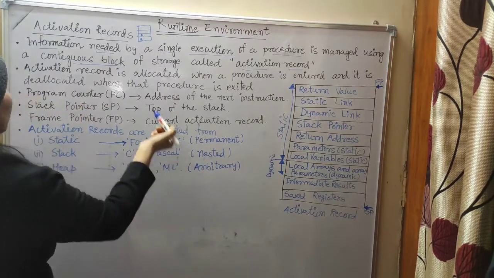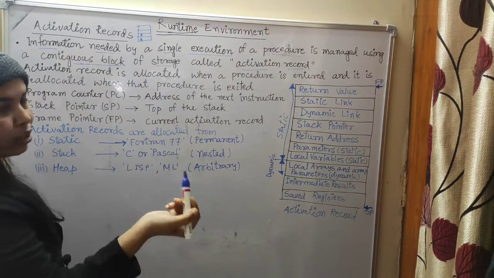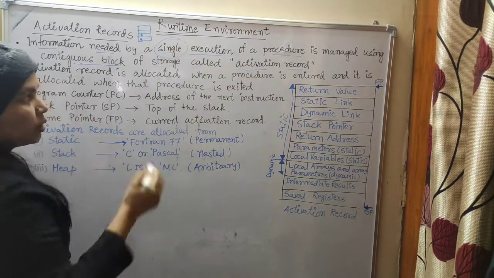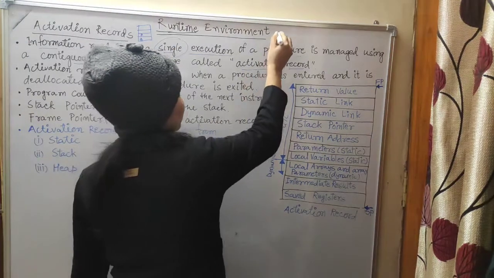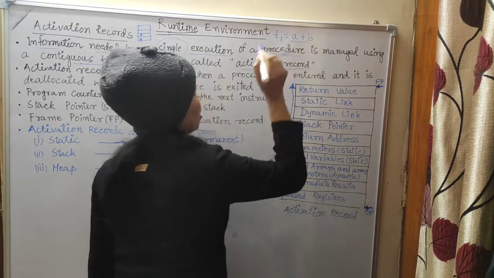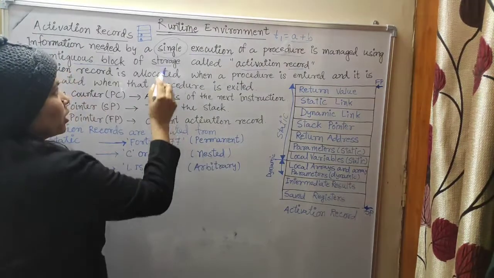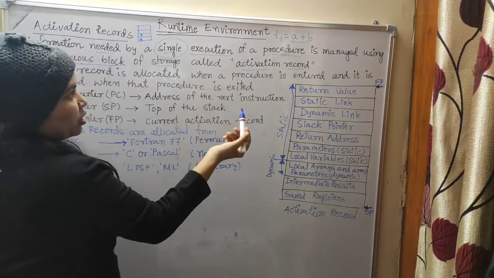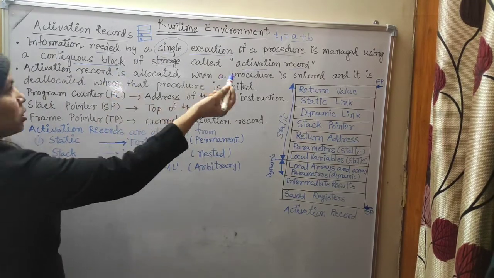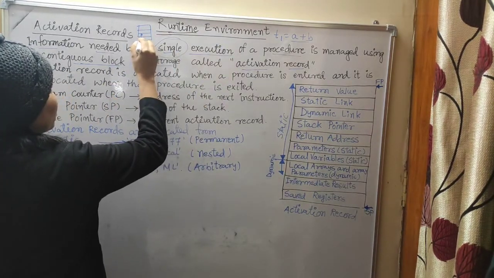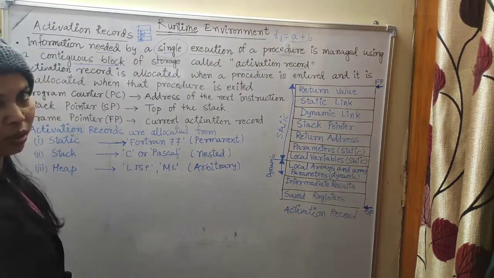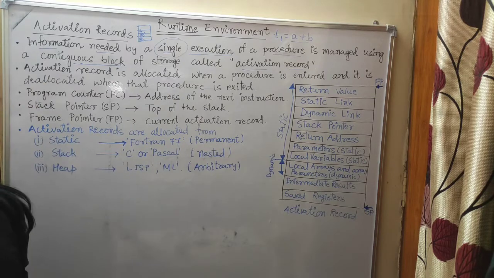If it is a single execution, just like T1 equal to A plus B, then it is managed by a contiguous block. First we write A, then B, then T1, that is the contiguous block of storage. It is called an activation record.